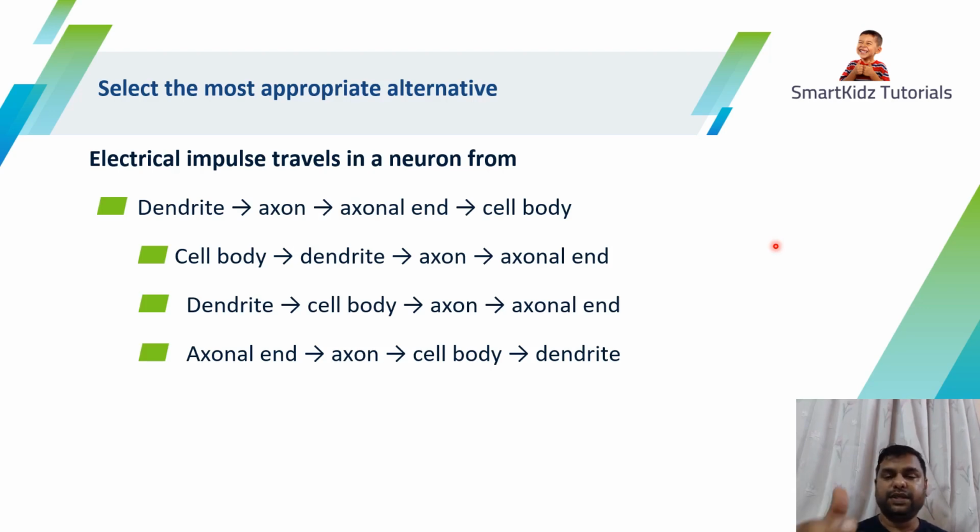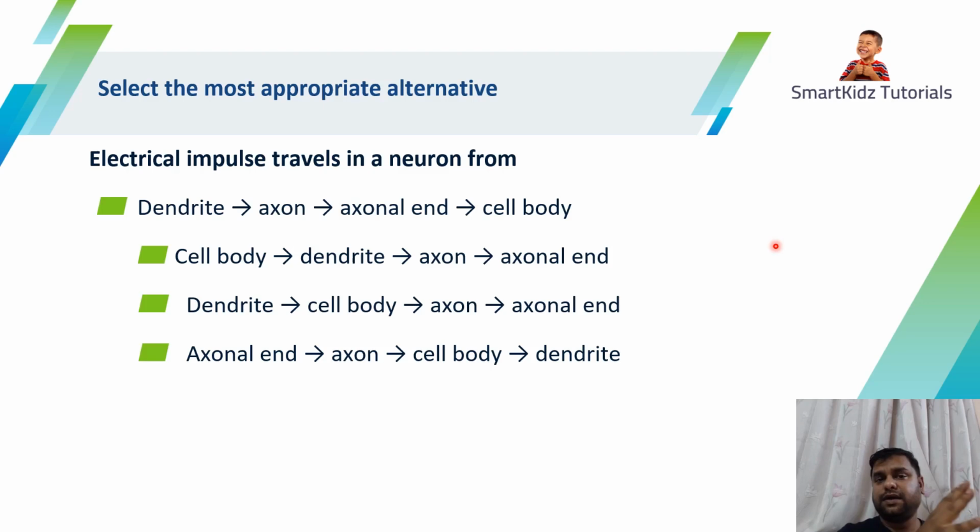Now, when the signal is received, the head part we call the cell body. So obviously from the dendrite, it has to come to the cell body. Once it comes to the cell body, it has to travel further down. Further down, you will find the axon, the main body of the neuron, sorry. And finally, it reaches the legs or the tail part, which we refer to as axonal ends.